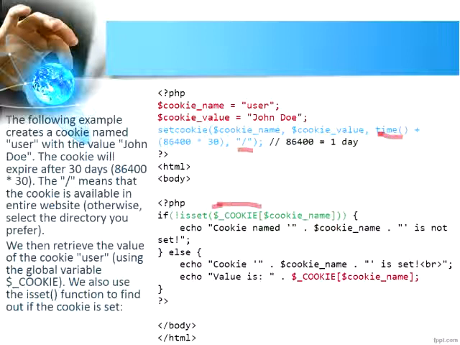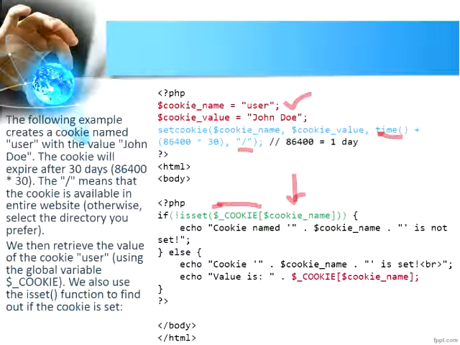We must specify the name of this cookie. So in our case, cookie name equal user. Okay. So if not isset $_COOKIE of cookie name, that means this cookie is not set.